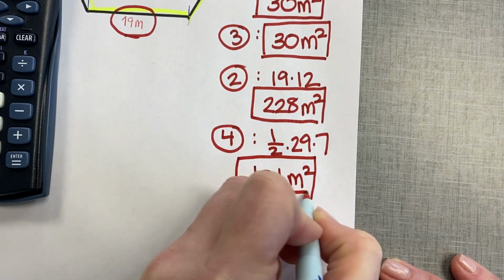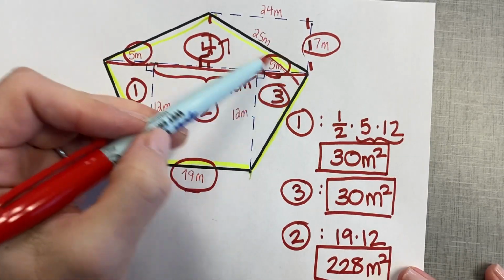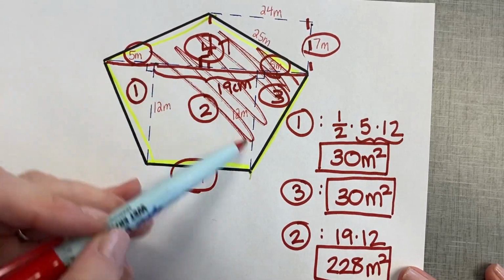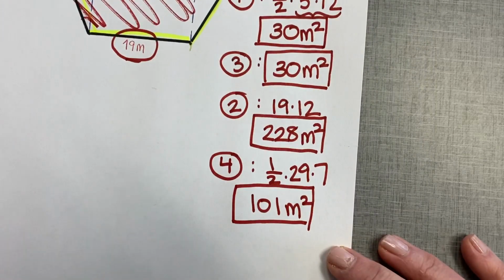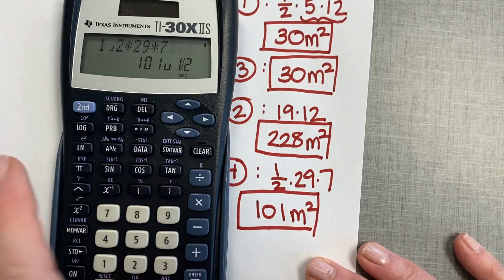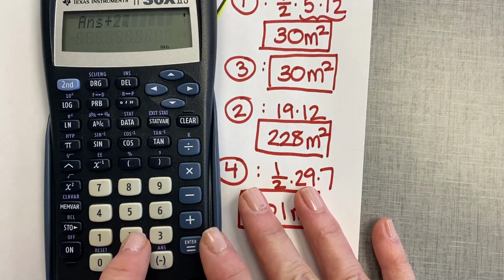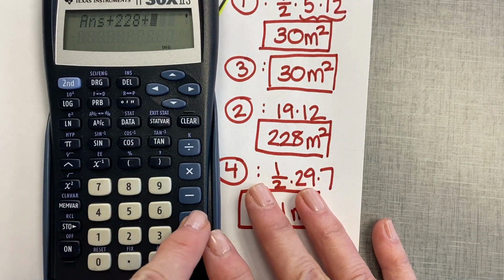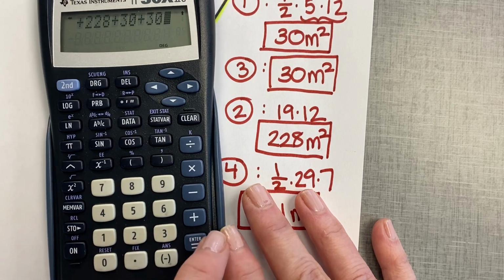So to find the total area of this pentagon, we are going to basically just take all of this, which means we're going to add up all the areas. 1, 2, 3, and 4. Are we ready? We're going to take this guy, 101 and 1/2. I'm going to leave him on the screen. Plus 228 plus 30 plus 30.